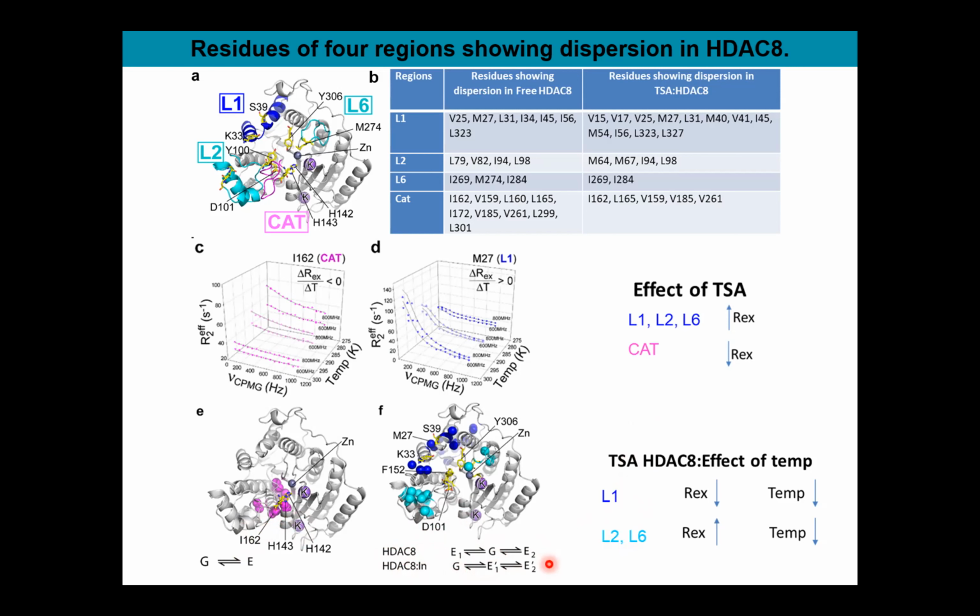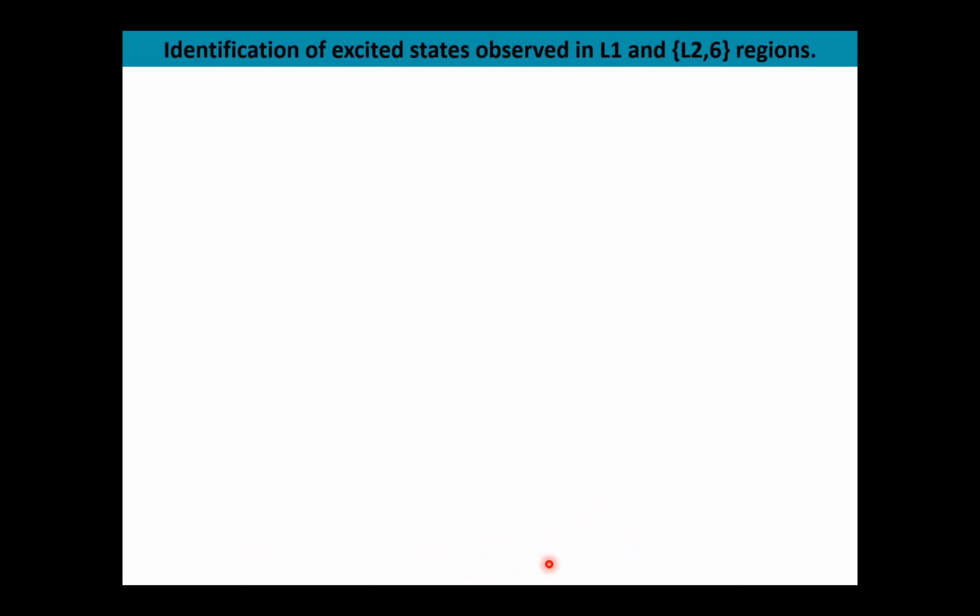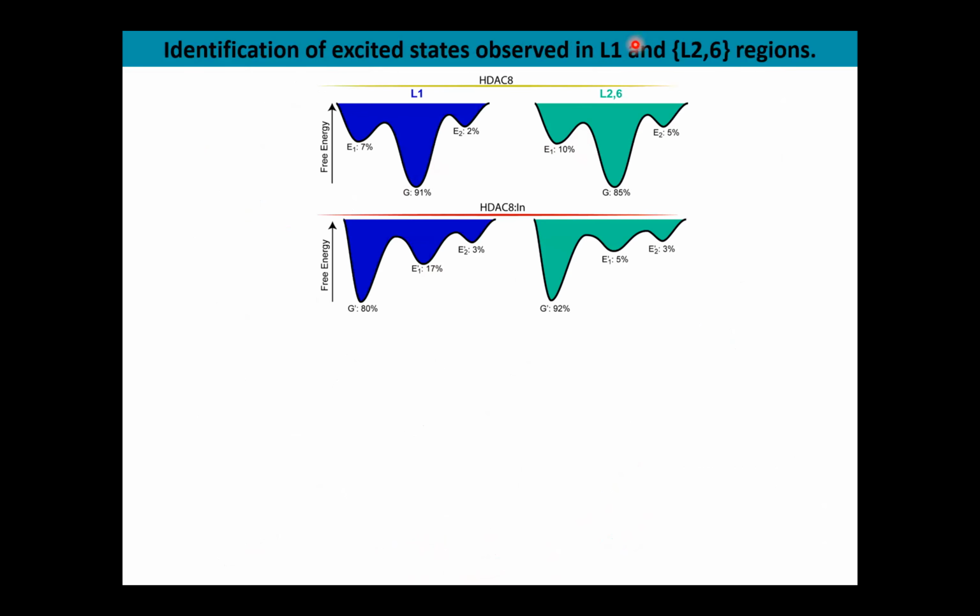When I fit the data, I got the population of the ground state and of the excited states in the free HDAC8 as well as in the inhibitor-bound state.